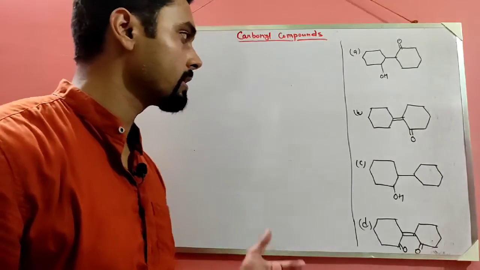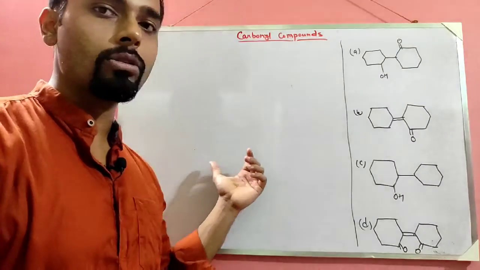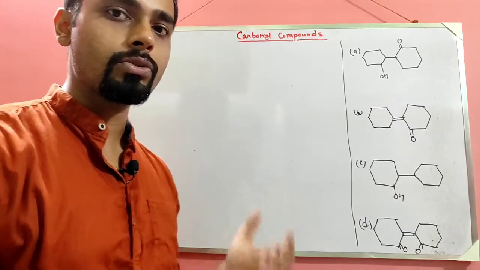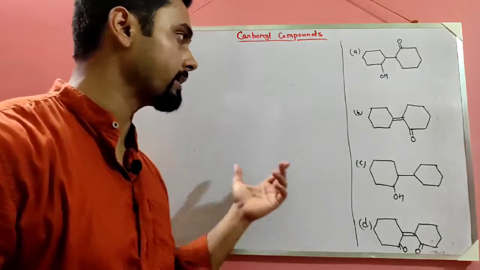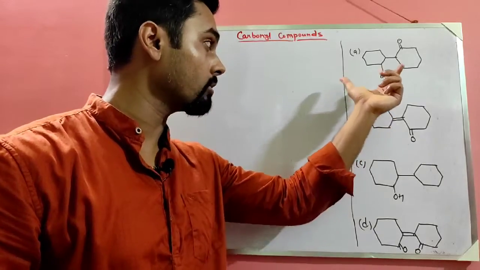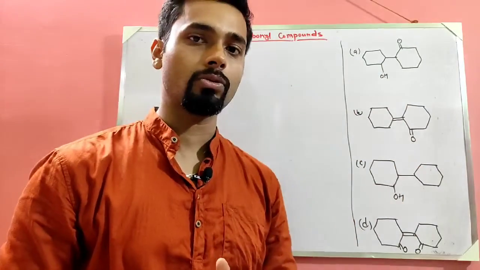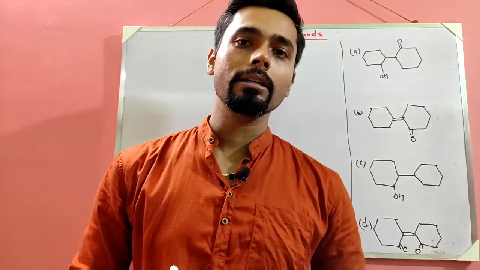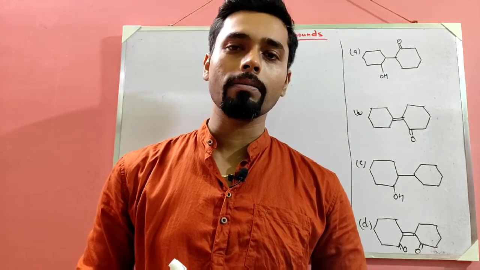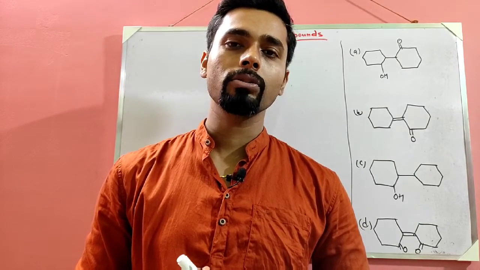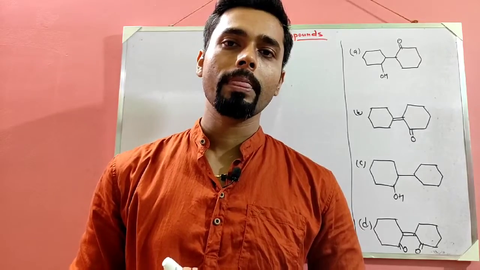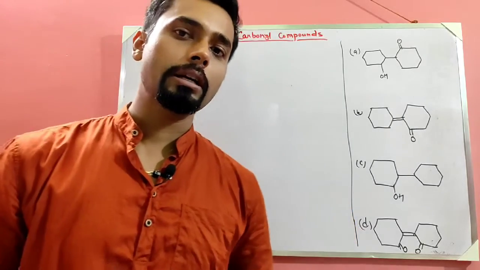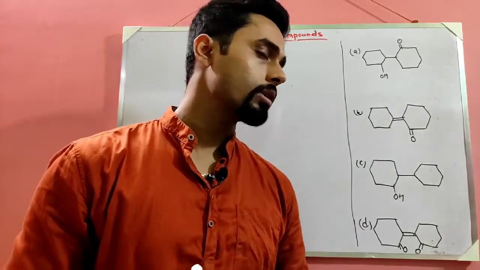Next problem: if cyclohexanone is treated with base and heated, what product will we get among these four compounds? Aldehydes and ketones containing alpha hydrogen atoms, with dilute alkali, give an alpha beta unsaturated product.